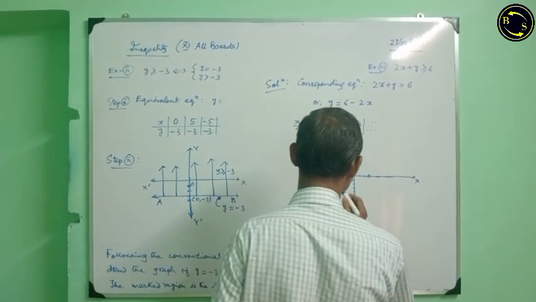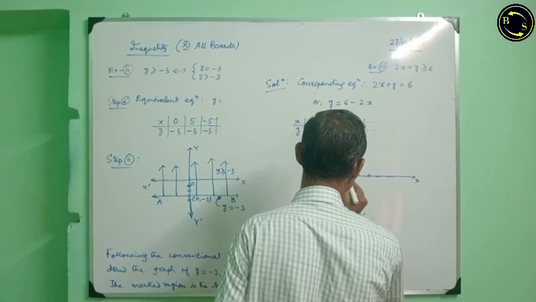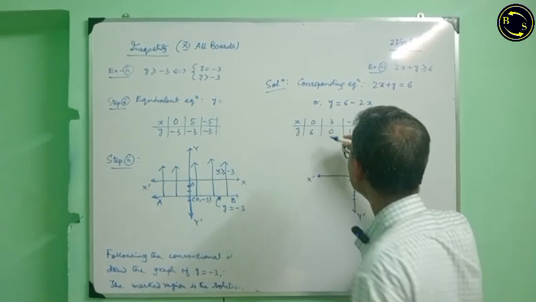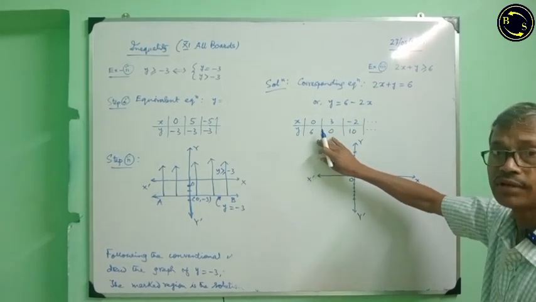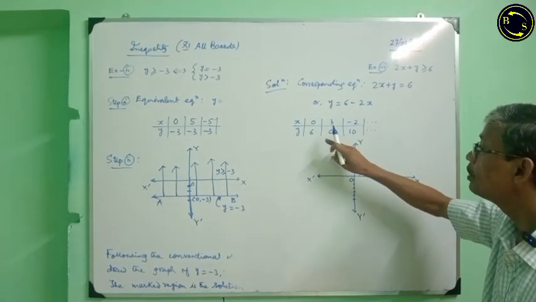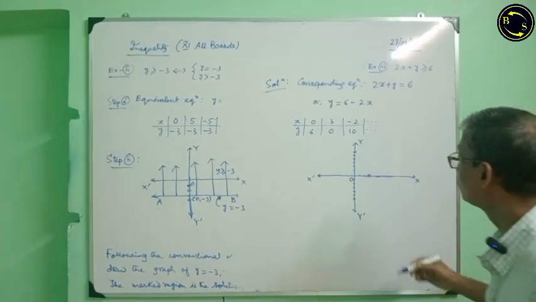Minus 2, 10. Actually, we can draw easily the straight line passing through 3, 0 and 0, 6. This will be the straight line.